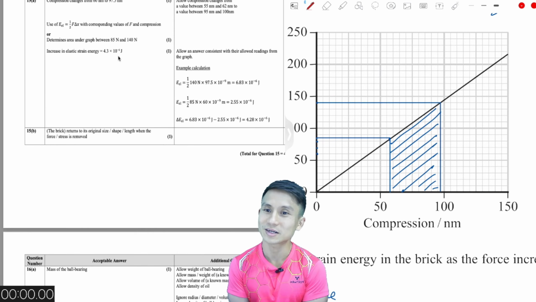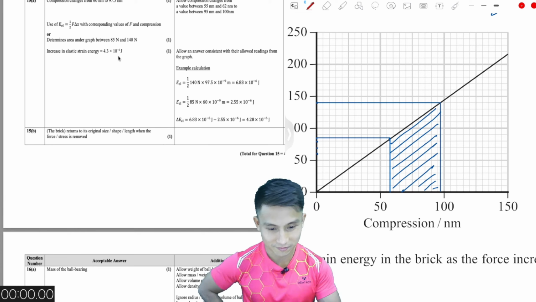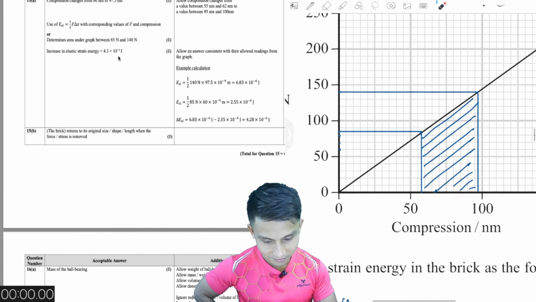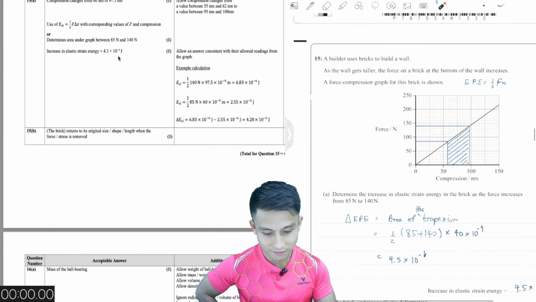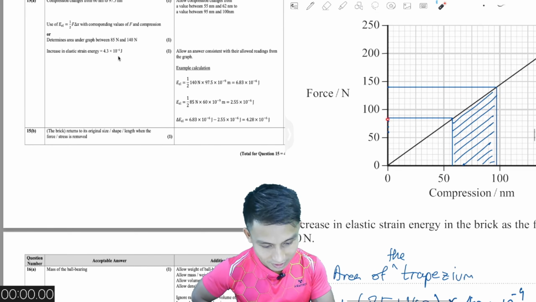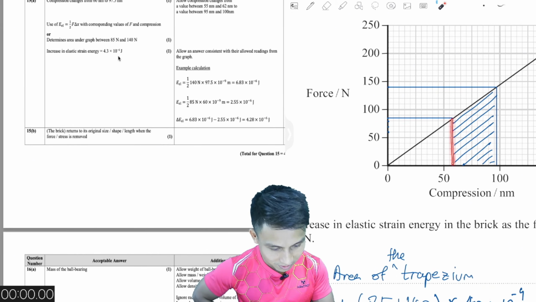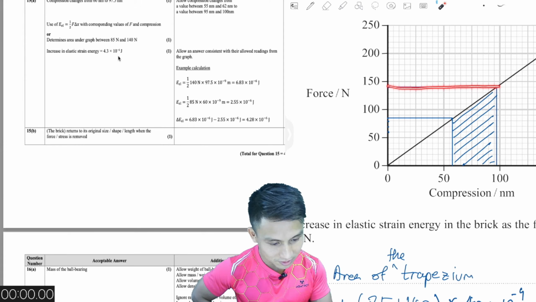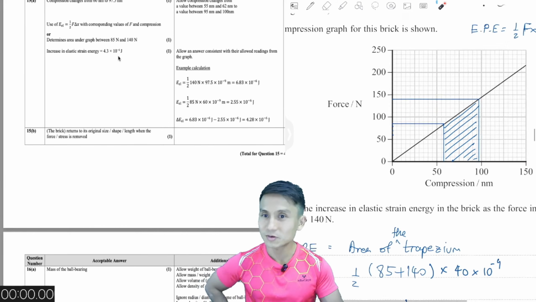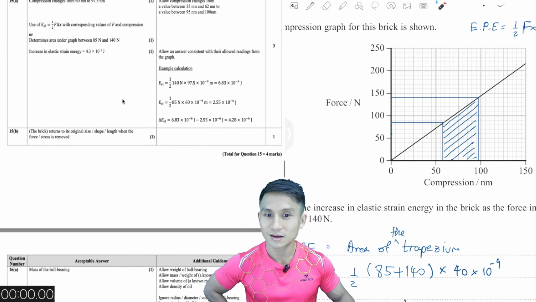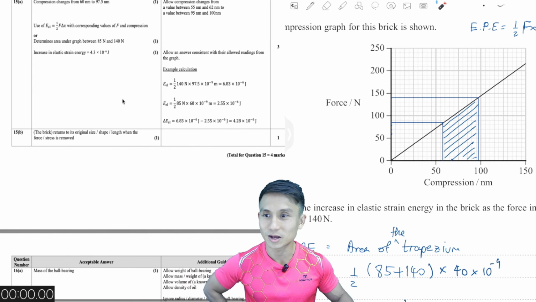Hang on. That's 37.5. 85, right? 85 is here, isn't it? That should be halfway here, and 140 is there. That should be also here. How did they get that accurate? Okay, so I would probably lose the accuracy mark here.